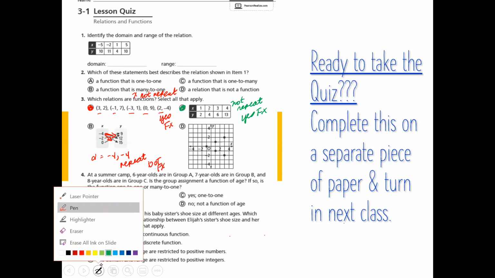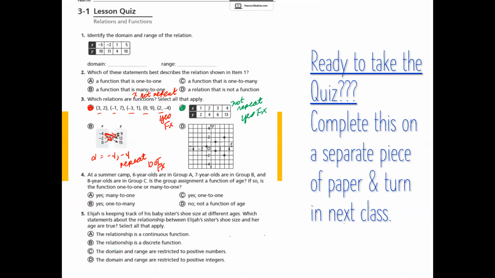And then for D, you have to be a little bit careful with the dots. If I draw a line here, it only touches 1 dot, so so far it's a function. But then if I draw a line here at x equals 2, that means it is repeating. Actually, that's at x equals 1. It looks like a 2 because the dots are so tiny, but it's at 1, and so 1 is repeating.